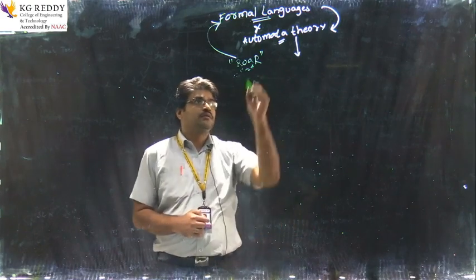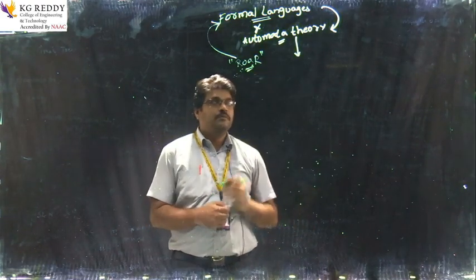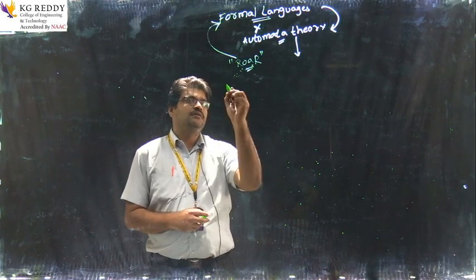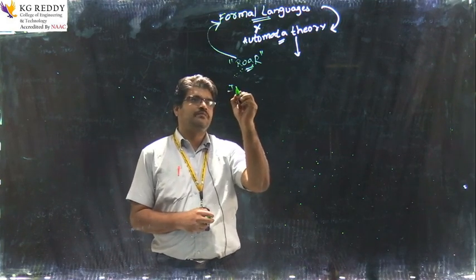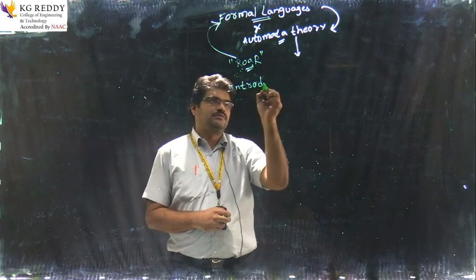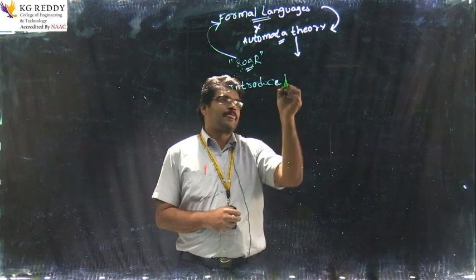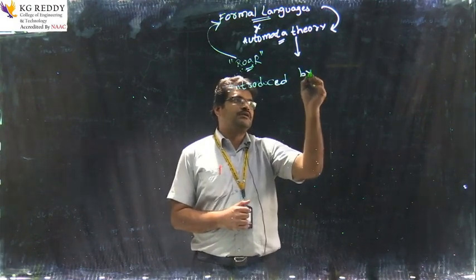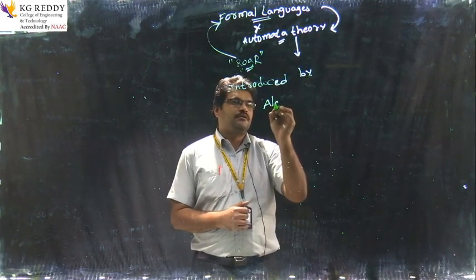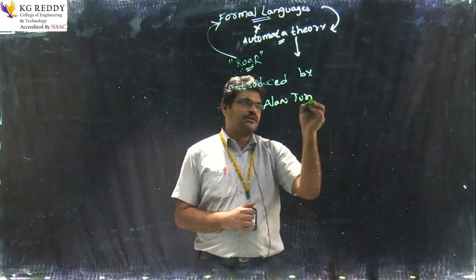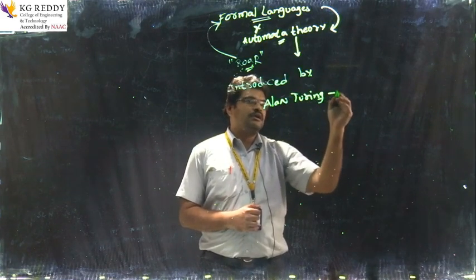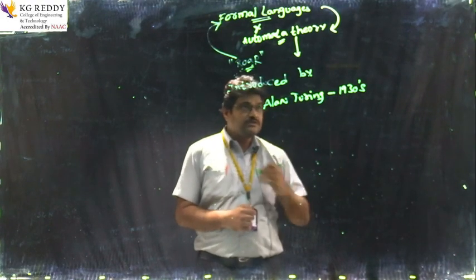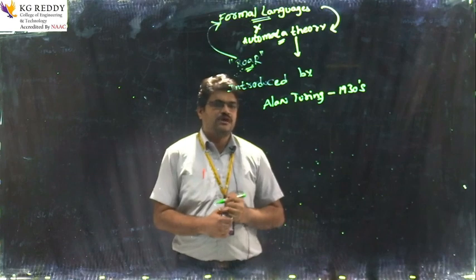Let me introduce you to the basics of this concept. The formal languages and automata theory concept was introduced by Dr. Alan Turing in the 1930s. What was the goal? Why did he introduce this automata theory?